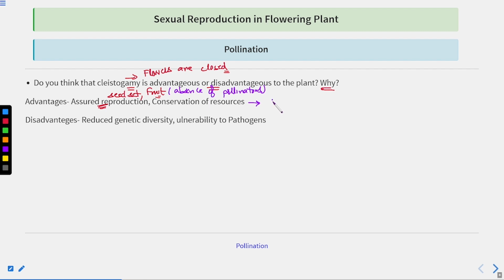So you can write the plants produce nectar in large quantities, and producing this nectar utilizes a lot of resources of the plant.